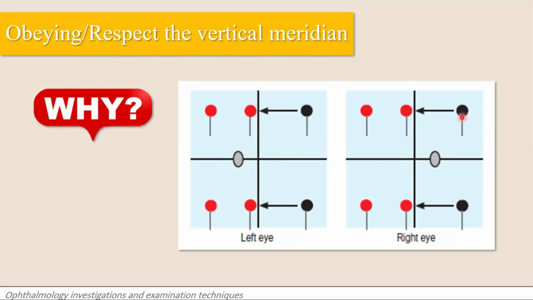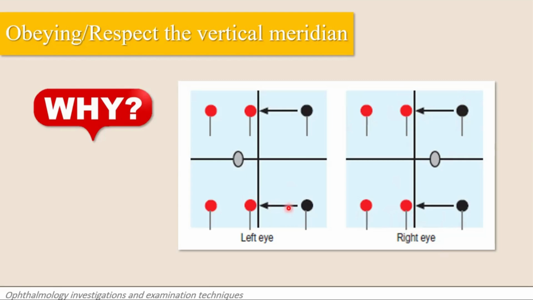So the red pen is not seen, but seen once across the vertical meridian above, from the upper temporal to the upper nasal, and afterwards, again from the lower temporal, once across the vertical meridian, it is seen in the lower nasal, and so on. So this means it respects the vertical meridian.